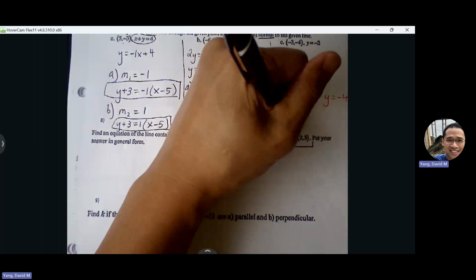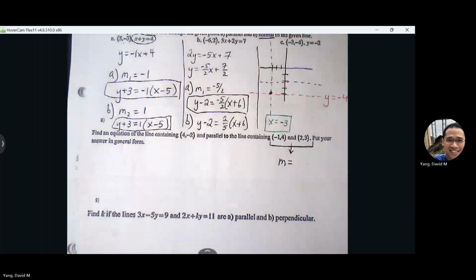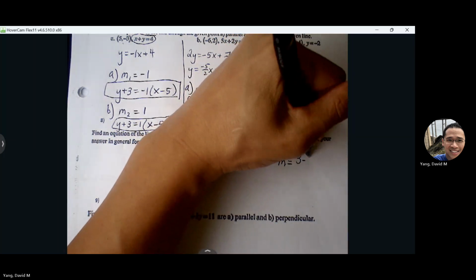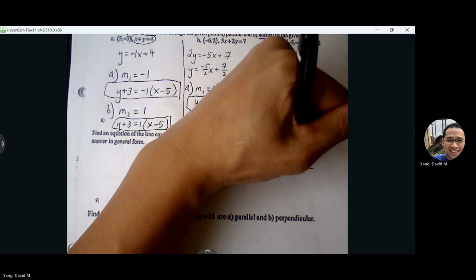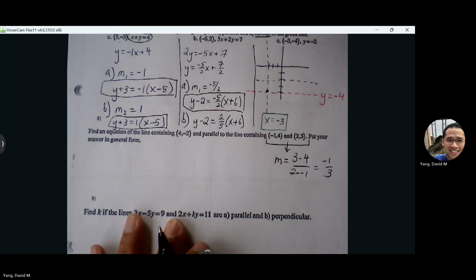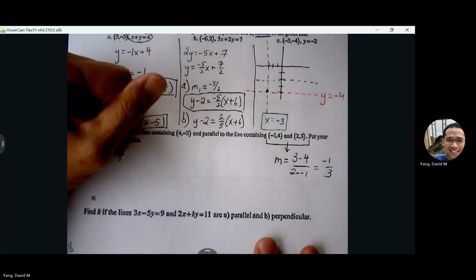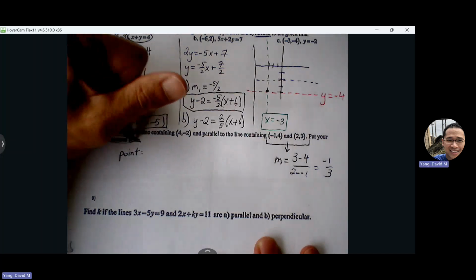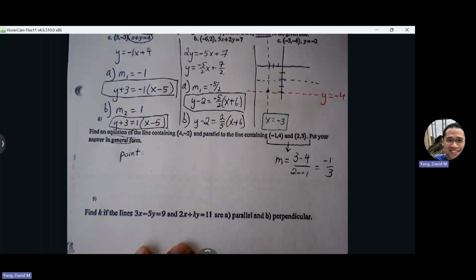All we care about from these 2 points is just the slope. It says general form, but let's just do everything in point-slope form.